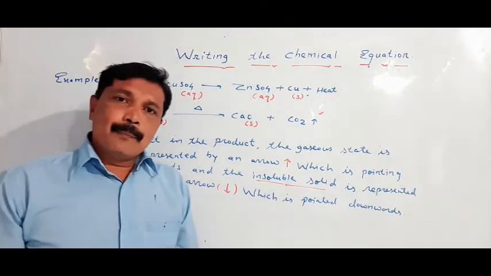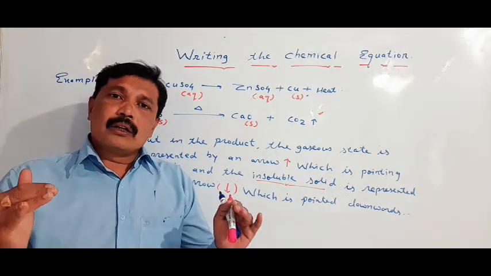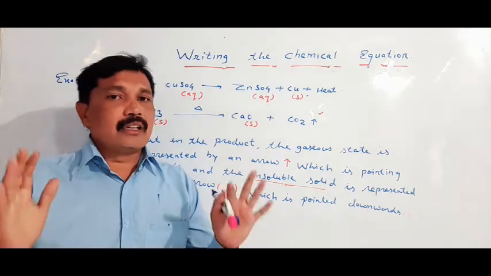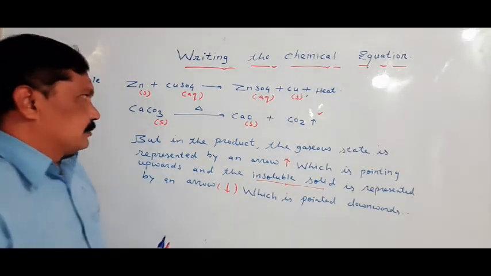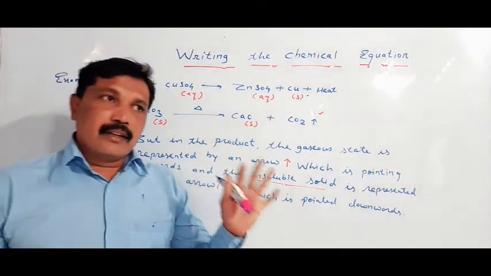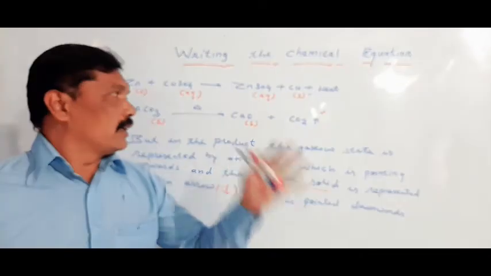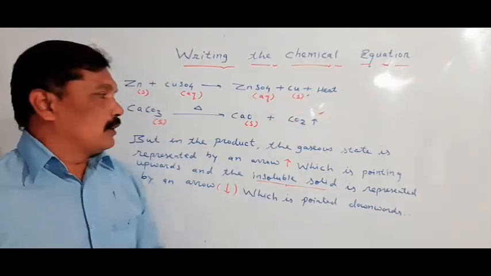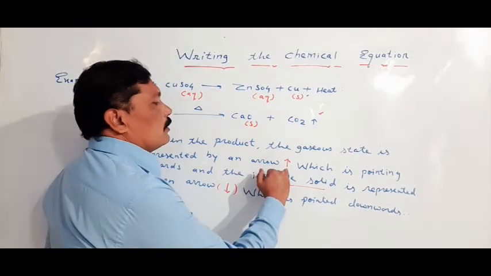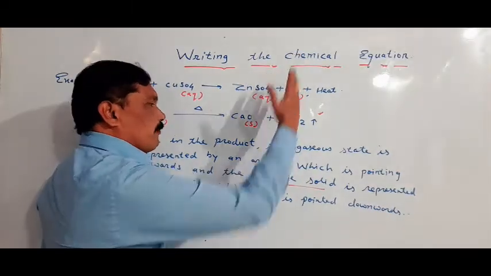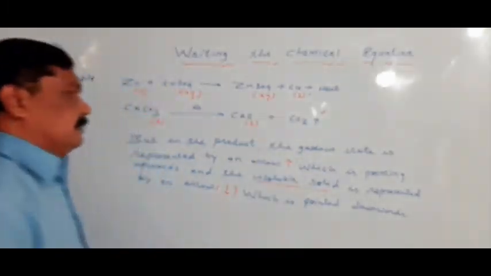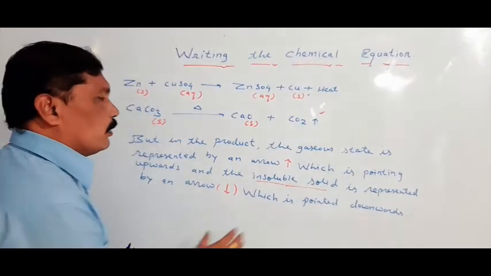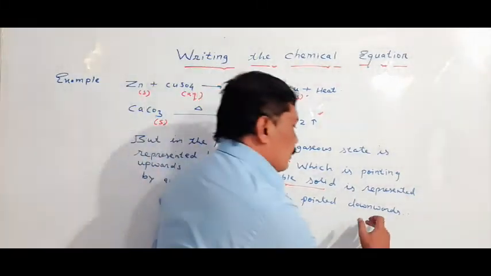This information regarding the physical state is written at the subscript of the reactant and the product. Apart from this, when we want to represent gaseous state towards the product, then we use an arrow which is pointing upward, and when we want to represent insoluble solid, it is represented by an arrow which is pointed downwards.